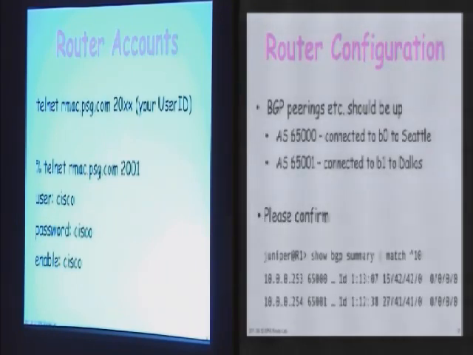Please check that you have on Juniper your BGP peerings that you should have. And on Cisco, also check that you have two BGP peerings, show IP BGP summary. You should have two BGP peerings, one with AS65000, one with 65001. You should be getting 40-something routes from each of them, to be formally correct.